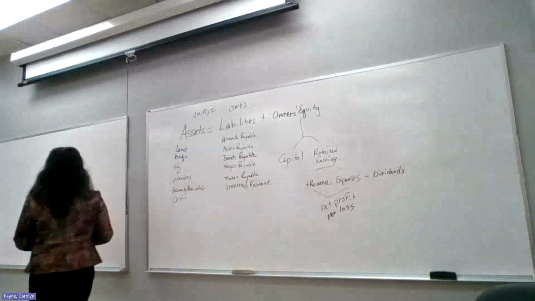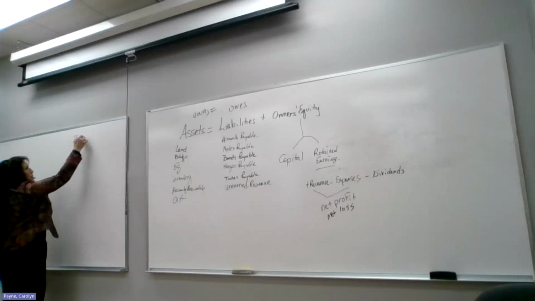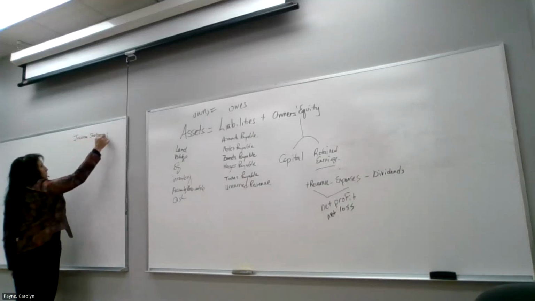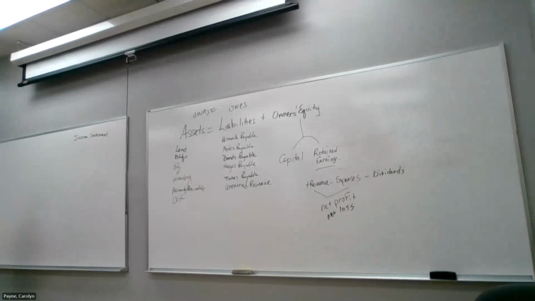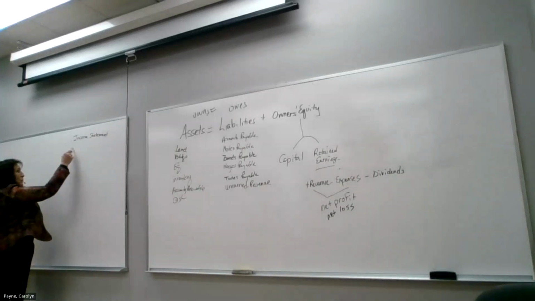Let's pretend that we have a company. We want to know how much money we've earned, so we do financial statements. The first financial statement that we do is called an income statement. We're going to put revenues and expenses.